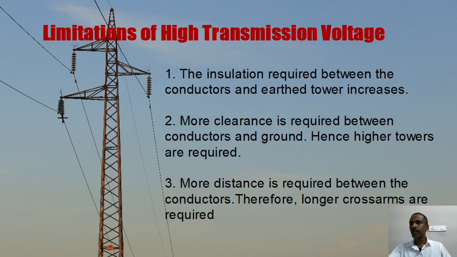Then the clearance required between this conductor and ground will also increase at high transmission voltages. Then the distance required between the conductors will also increase at high transmission voltage. So we need to have longer cross arms. These are the certain limitations of high transmission voltage.